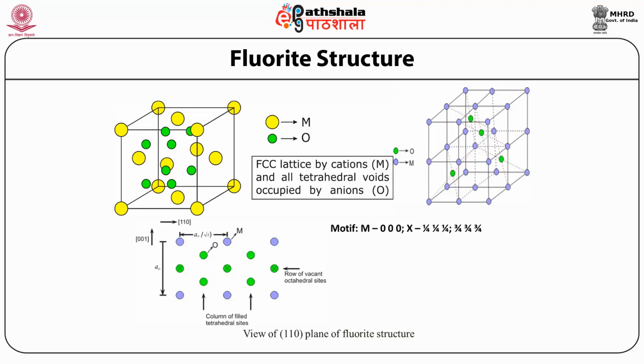For having some fun with the structures, we can also draw the projection of this material, which is shown on the below corner on the 110 plane. Here you can see the row of empty octahedral sites along the 110 direction.